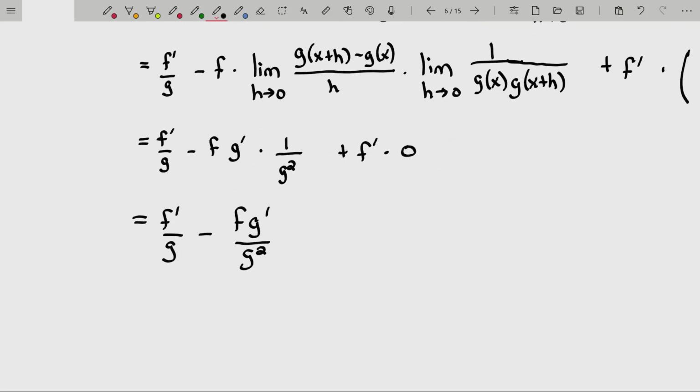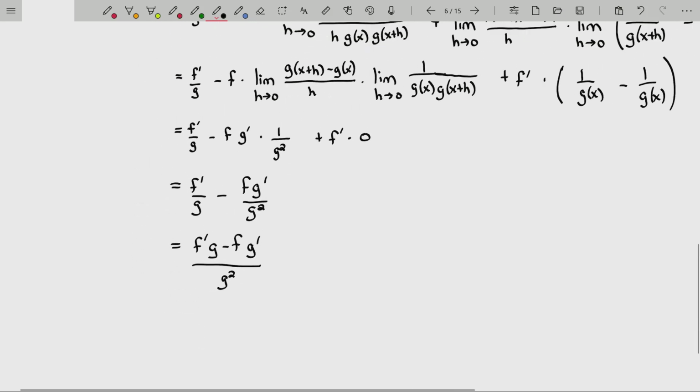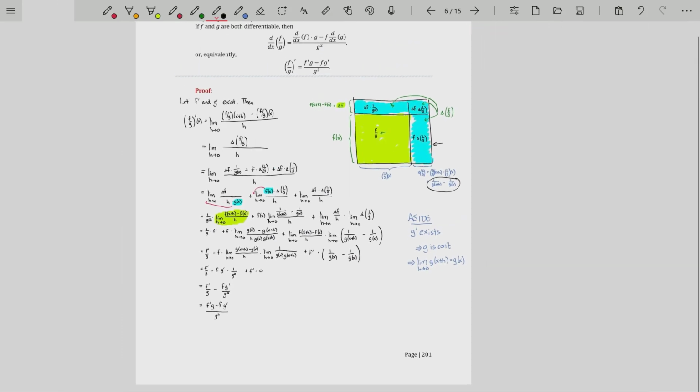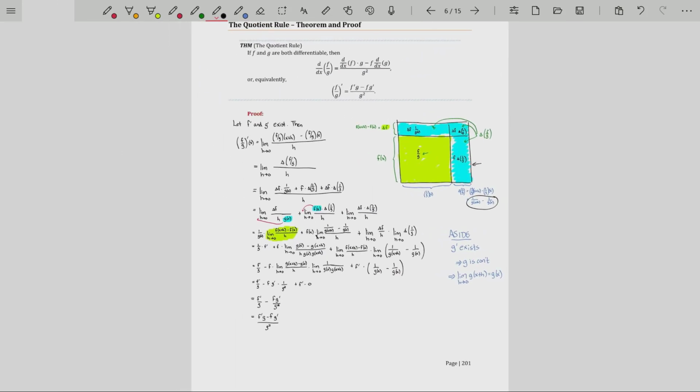I can combine those two fractions by getting a common denominator, which is g. So multiply that first fraction by g and you get the following: f prime g minus f g prime all over g squared. And we have proven the quotient rule. Q.E.D., quod erat demonstrandum. So it has been demonstrated. Very, very nice, clean proof of it that I've never done, actually. So that was kind of fun.